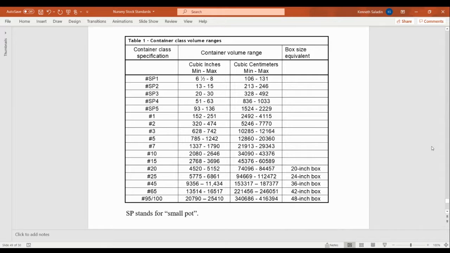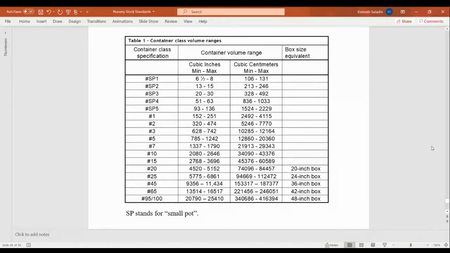And to this day, you will still hear people using those terms, but the industry is trying to move away from that, because what we found is that a 1-gallon container didn't necessarily hold 1 gallon of potting medium, because there were so many different manufacturers making the containers. One manufacturer's 1-gallon container might be slightly bigger than a different manufacturer's 1-gallon container.